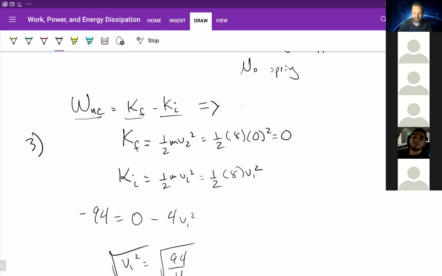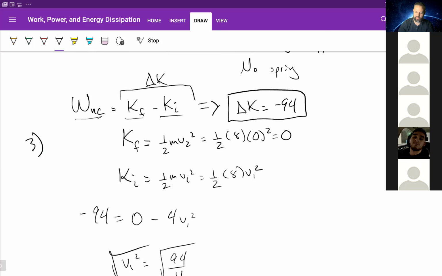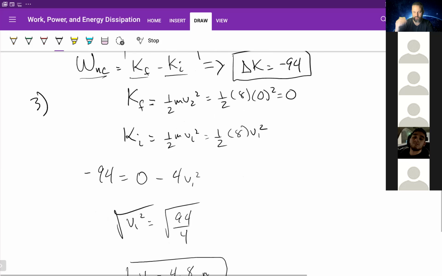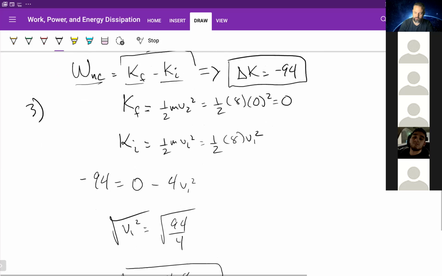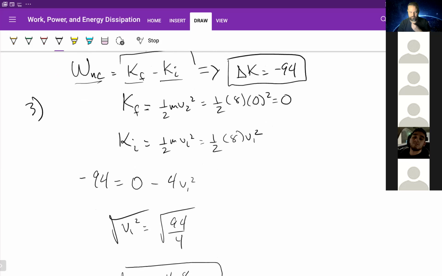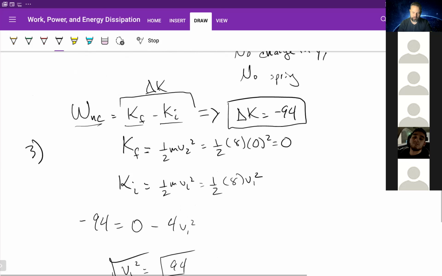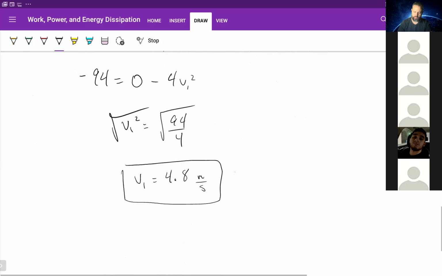The change in K is just going to equal -94. So that answers part 2. This answers part 3. Sorry, I wasn't paying attention. Okay. All right. Any questions over any of that?